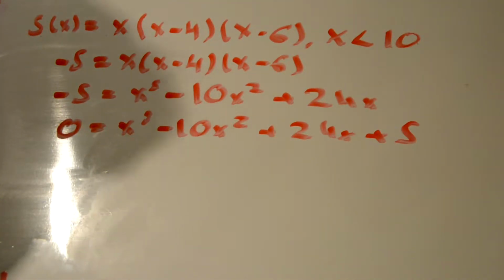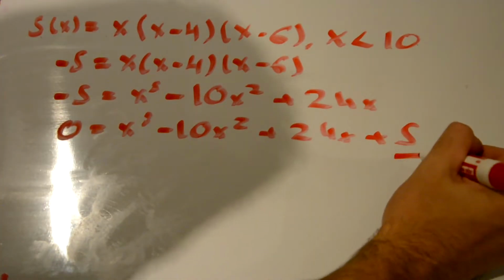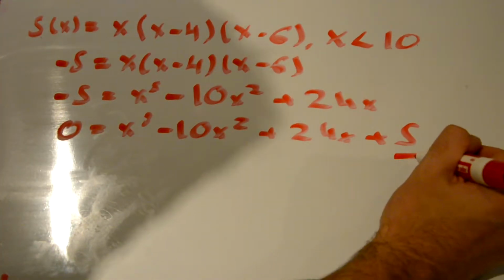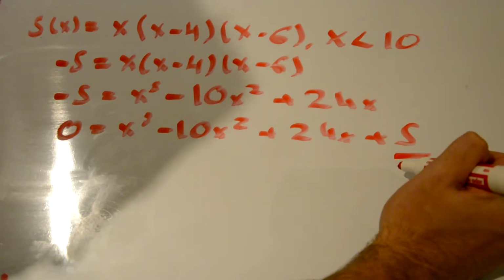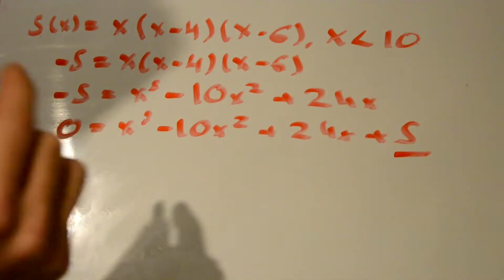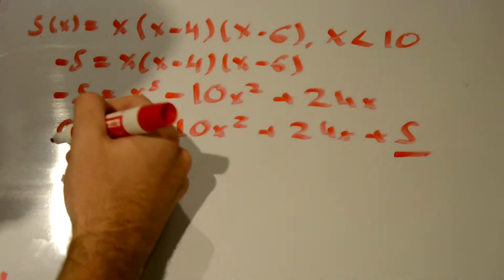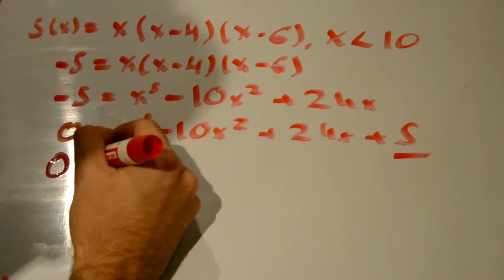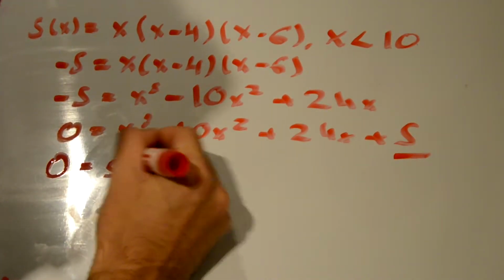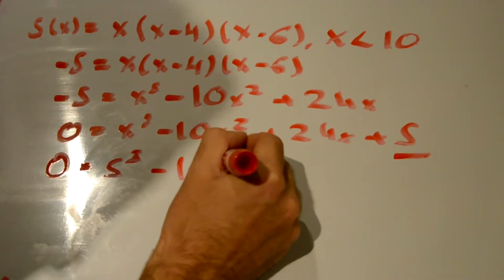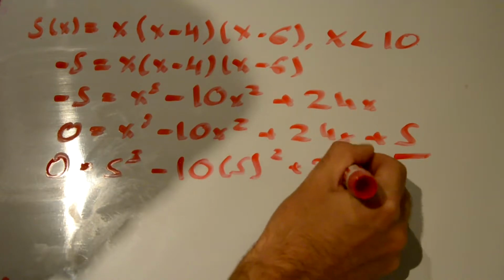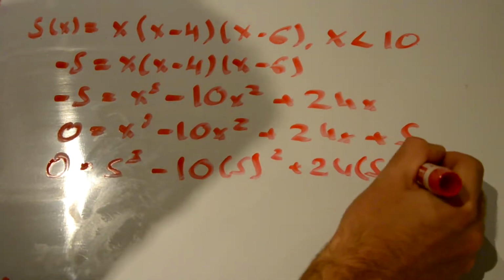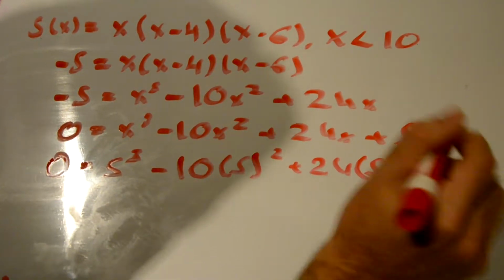To solve for the roots, we must first look at the constant of the equation. With this, we could use its factors and guess and check to figure out what the first root of this equation would be. So let's start off with 5. Let's set 0 equals 5 cubed minus 10 times 5 squared plus 24 times 5 plus 5.